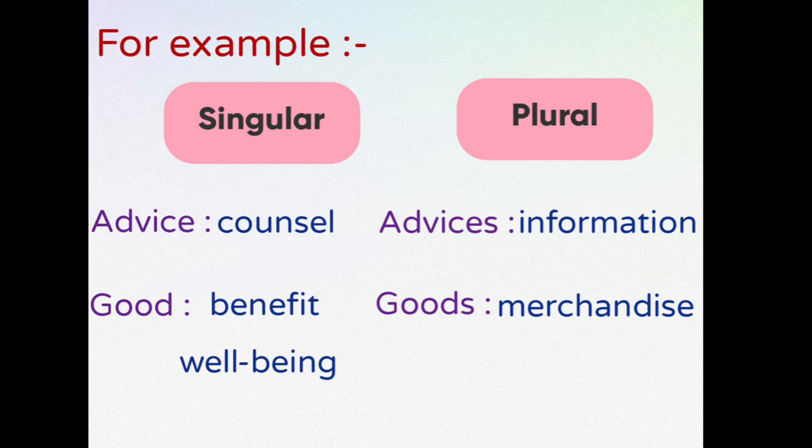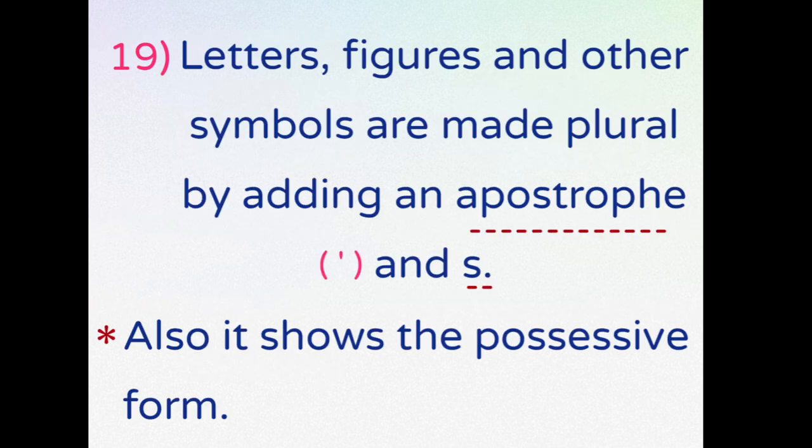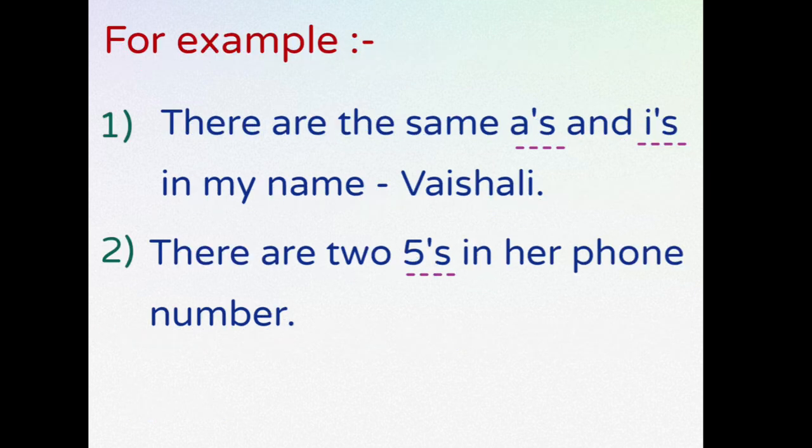The meanings vary. Okay, next point is letters, figures, and other symbols are made plural by adding an apostrophe and s. This apostrophe also shows the possessive form, right? For example, there are the same A's and I's in my name, Vaishali.